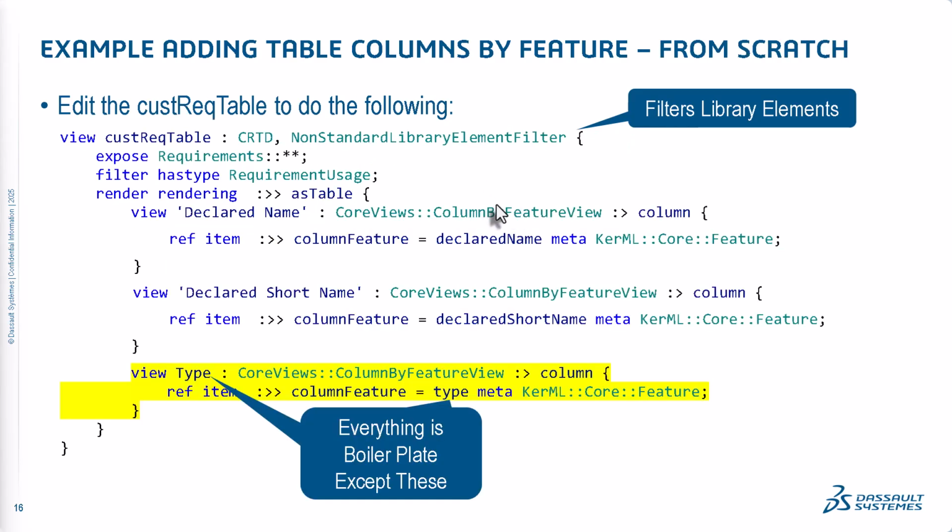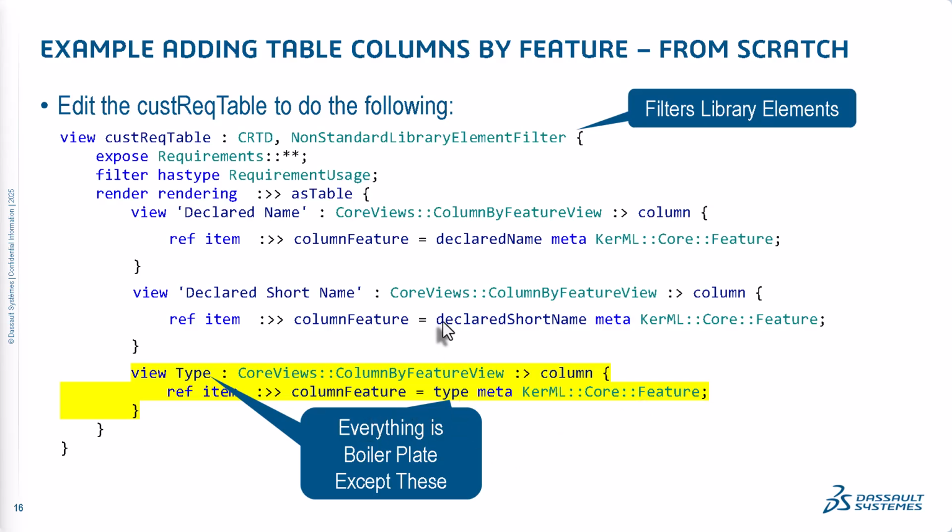All right. Additionally, if we are building our table from scratch, we have that same boilerplate here. The only thing that we have to do is add in order what columns we want. And again, everything's boilerplate except for the view's name and then the feature's name here.